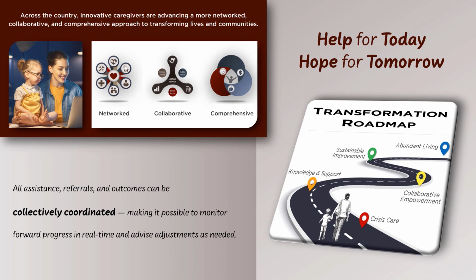A group of helping agencies can now work together with individuals and families in creating a customized transformation roadmap from crisis to sustainability to abundant living. All assistance, referrals, and outcomes can be collectively coordinated, making it possible to monitor forward progress in real time and advise adjustments as needed. I will talk more about the challenges of helping others in Step 1, Part 3.